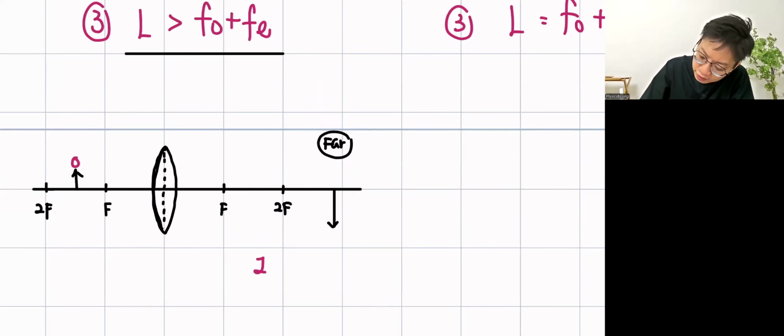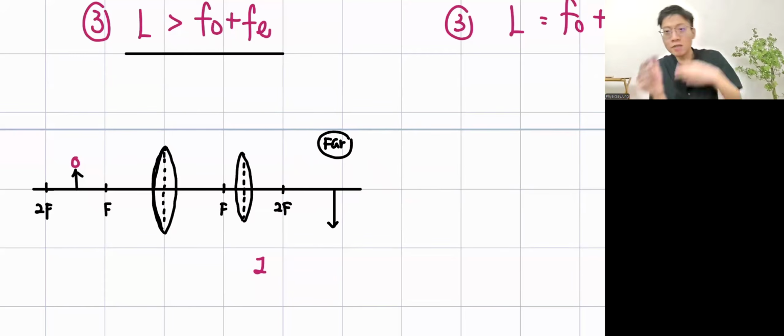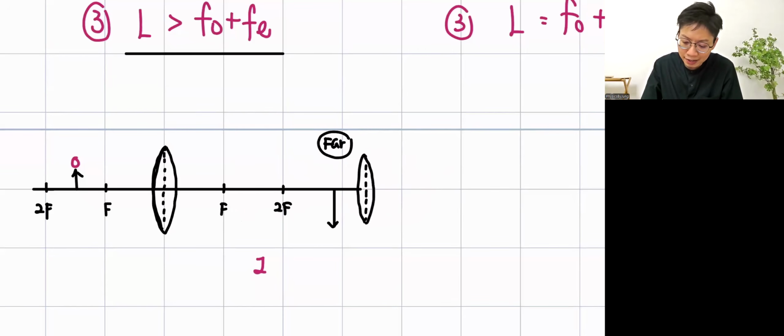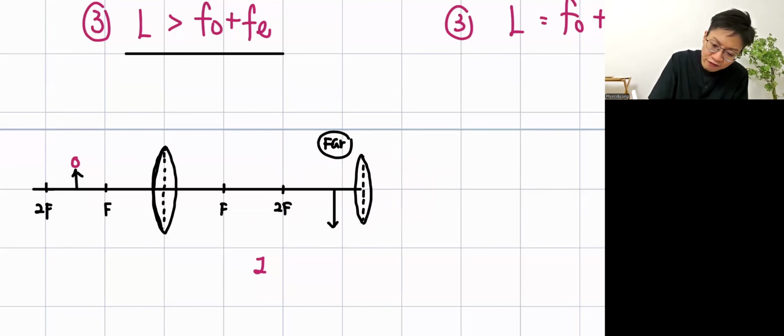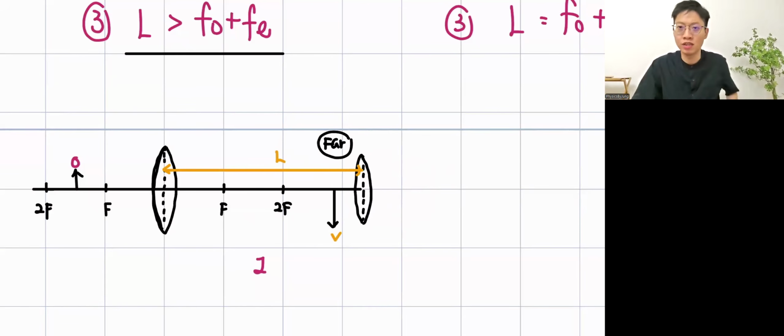So if it forms very far, now I've got my eyepiece lens. If my eyepiece lens is too near, my image will form outside of it. So I want to make sure that my lens is far away so that my image can form in between the two lenses.